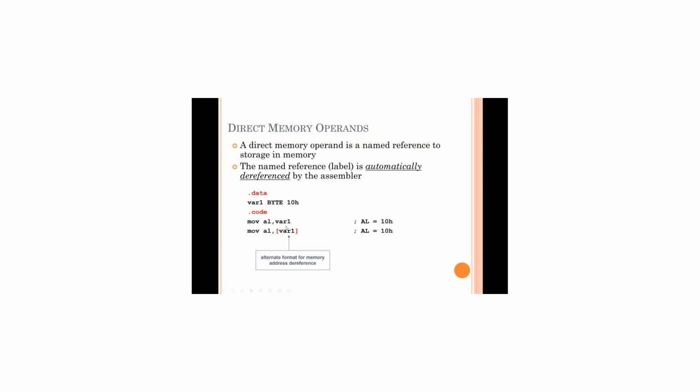So for those of you who learn C or C++, this comes across as a little bit weird, because usually with C++, for the referencing, you put an asterisk in front of the pointer variable, and when you use the pointer itself, you just use the variable. But in this case, either one will get dereferenced.